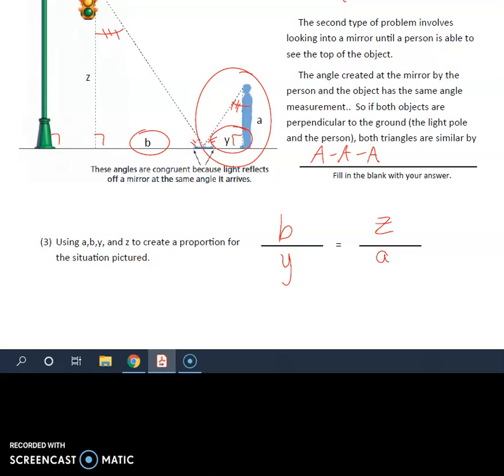So these are again called the corresponding sides. Now, if you paired them up differently and cross multiplied, for example, and you actually get B times A is equal to Y times Z, your proportion would also work. But again, I like to do corresponding pieces, and I always find that has worked out well for me.